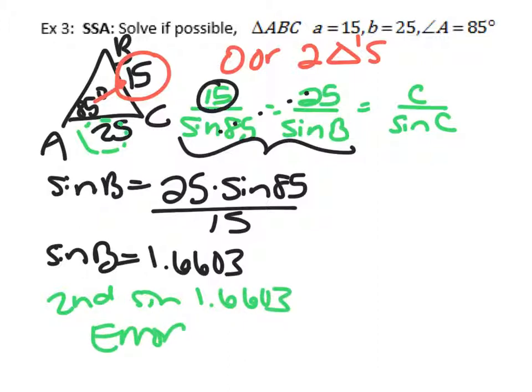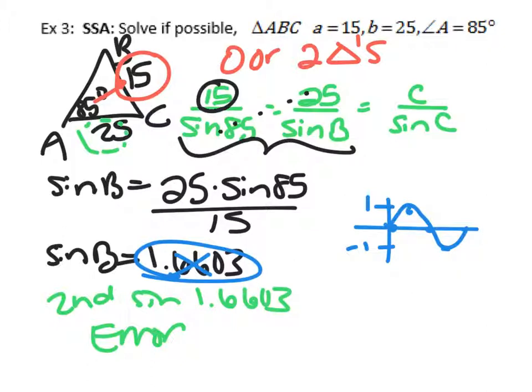And the reason for that is, if you remember, your sine graph looks like this: 0, 1, 0, negative 1, 0. The highest it will go is 1, the lowest it will go is negative 1. So this is never going to be bigger than 1.